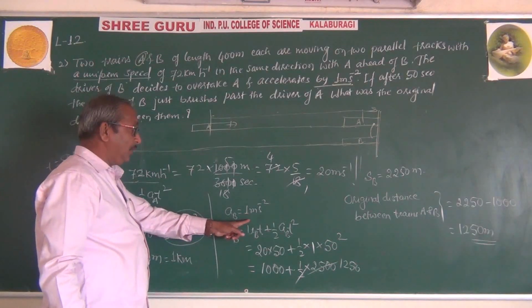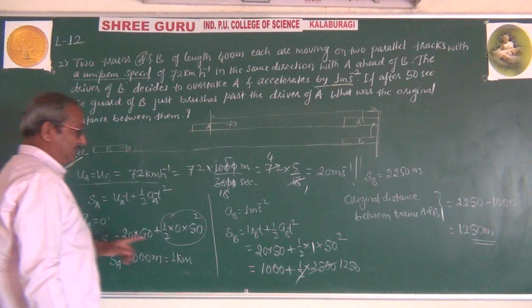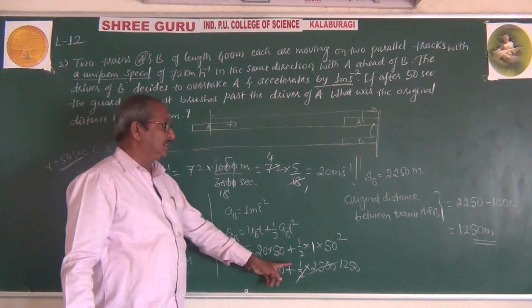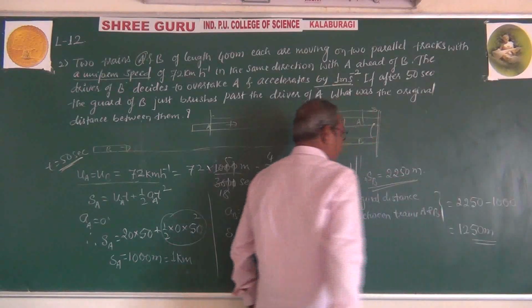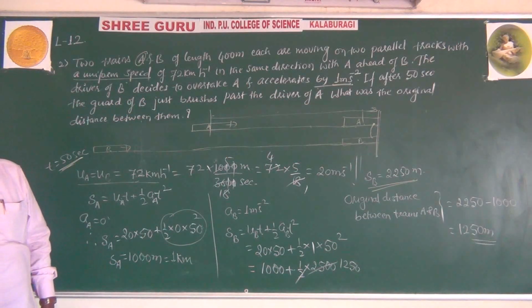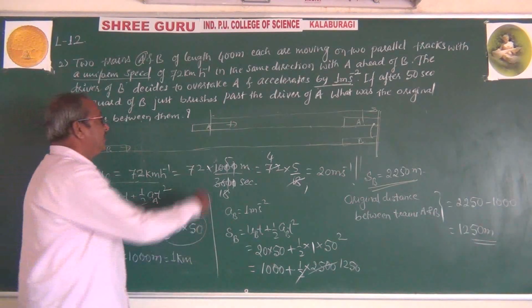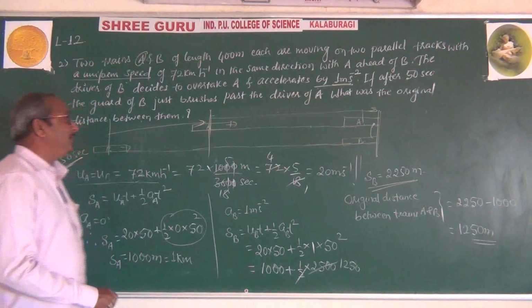Now substitute this value, and time is again 50 seconds. After simplification, the distance covered by train B is 2250 meters.